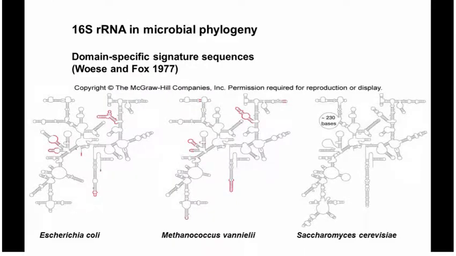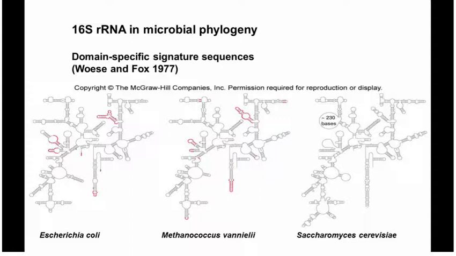And looking a bit further outside the bacteria with 16S rRNA was really very important in proposing what's called the three-domain model of life. The idea that there's really three different types of cellular life: eubacteria, archaebacteria, and eukaryotes.